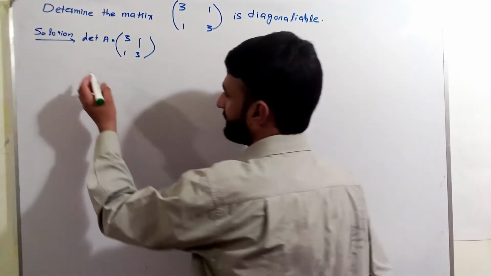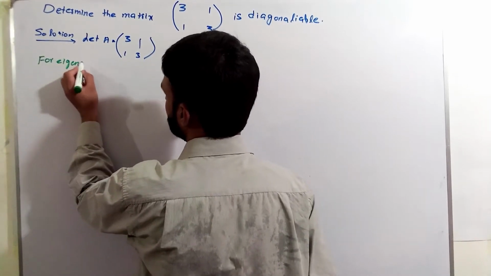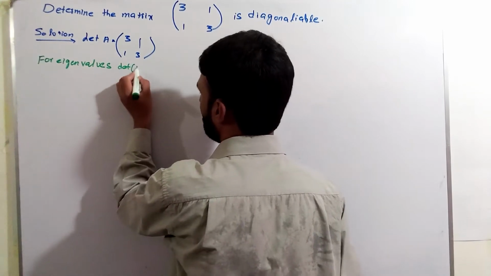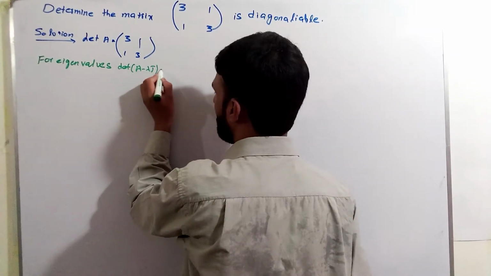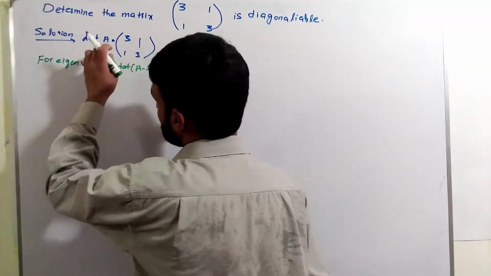For eigenvalues, we know that the determinant of A minus lambda I is equal to 0, right? First we find its determinant.